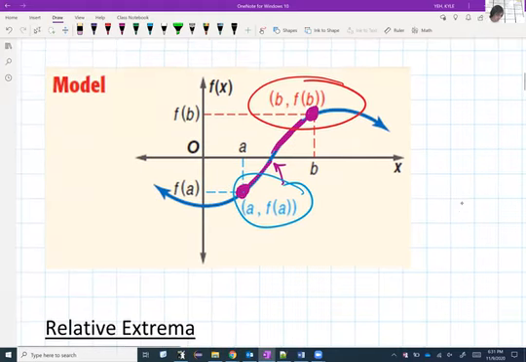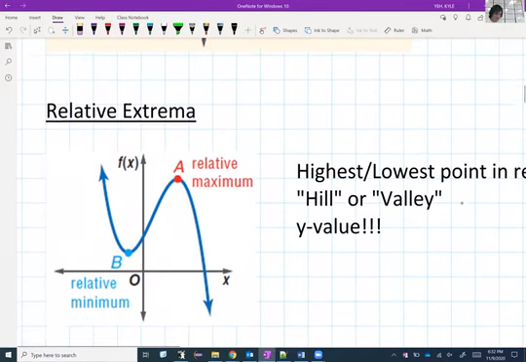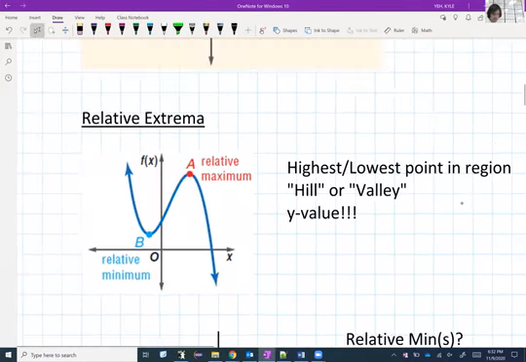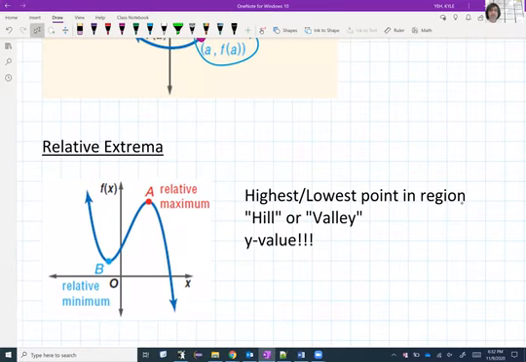The other points on a graph that are oftentimes most interesting to us are the relative extrema. Now, the relative extrema are the relative maximums and the relative minimums. So a relative maximum is nothing more than the top of a hill.